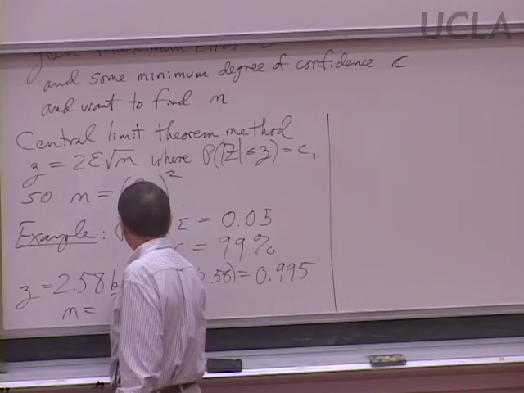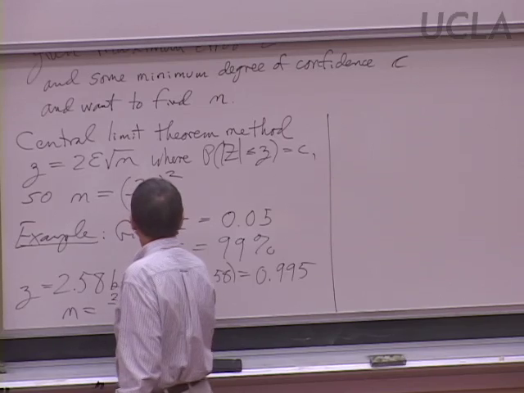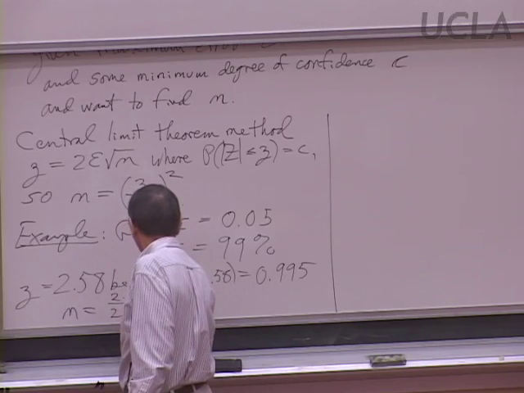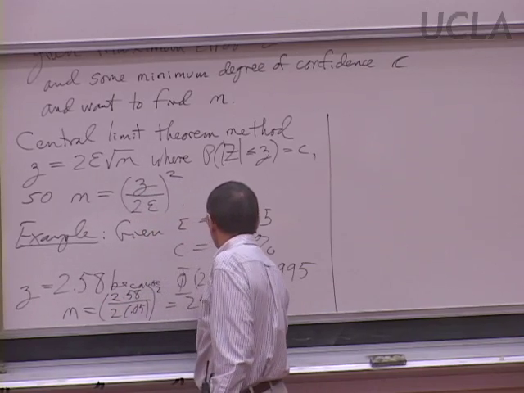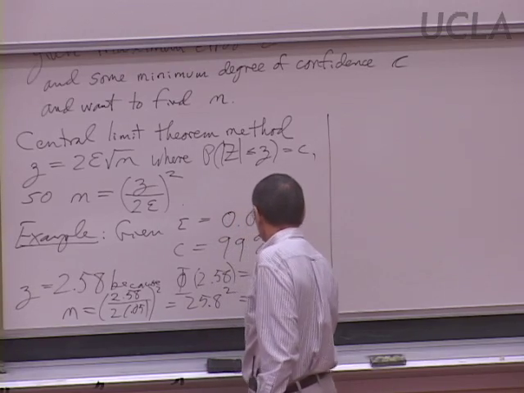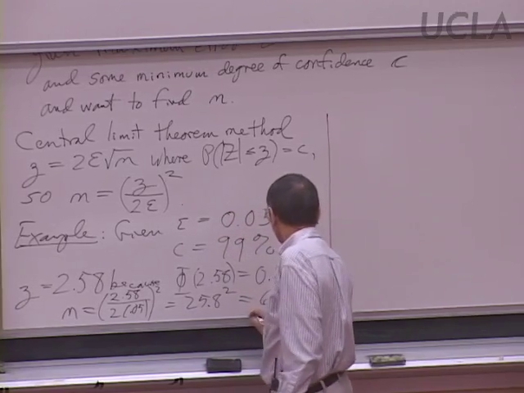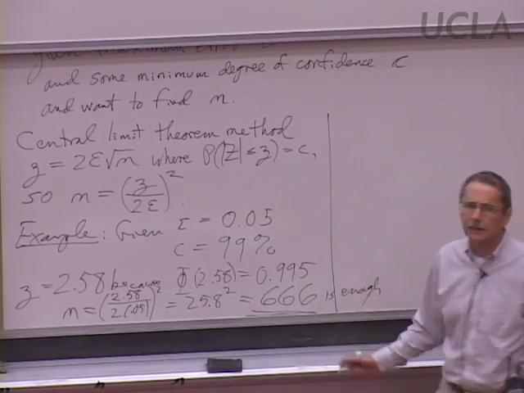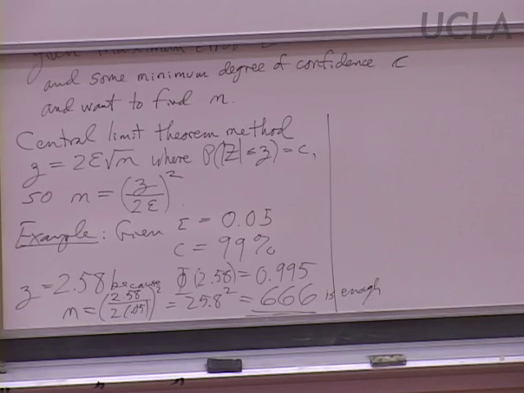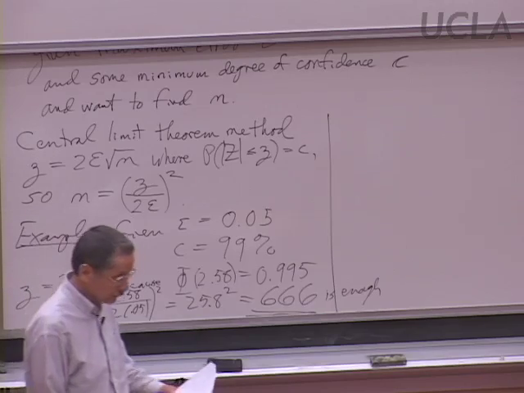So n is 2.58 divided by twice 0.05, this thing squared, 25.8 squared. That is, a study of size 666 would be enough for us to say here with 99% confidence that the error is going to be bounded by 0.05.